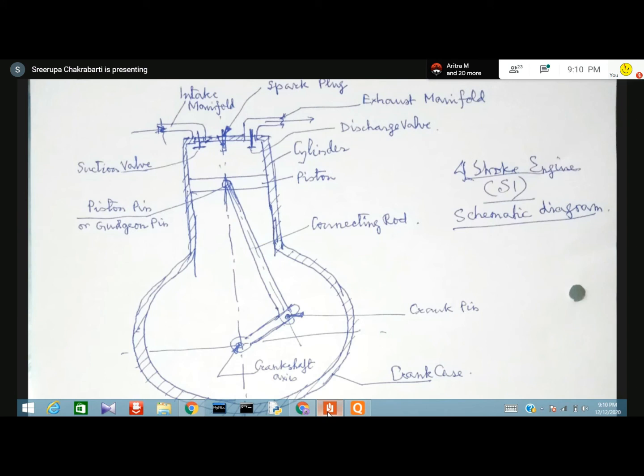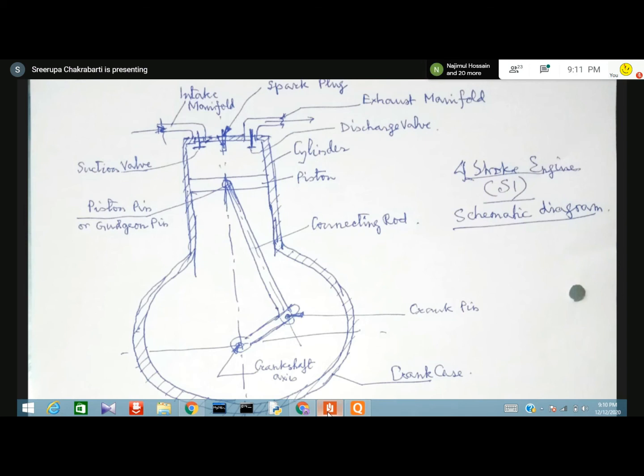All these things will occur one after the other in a chain. We do not want that. That's why we want normal combustion to occur. This phenomenon of abnormal combustion is called autoignition. There is another abnormal combustion which is called pre-ignition. Now this phenomenon is directly related to the compression ratio.